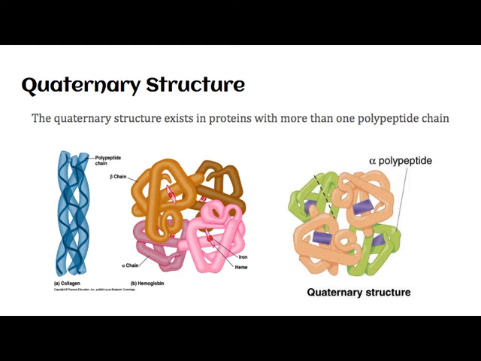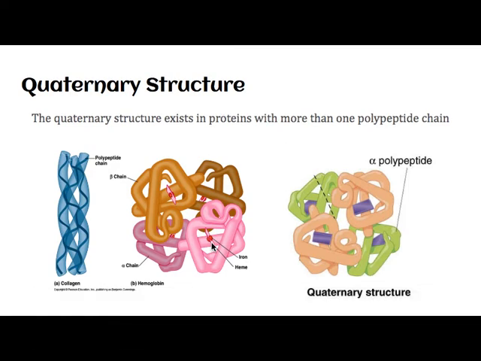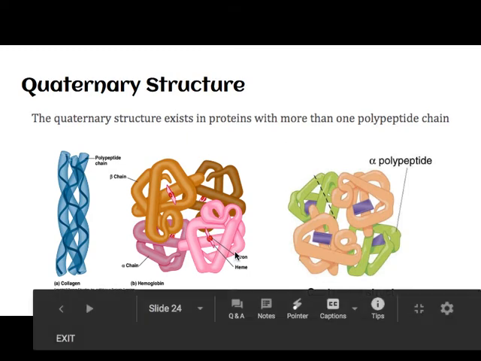For example, here. What is this? Iron. Iron is an element. Iron is a metal. Iron is not an amino acid. It's not part of a protein. So we call that non-protein a prosthetic group.